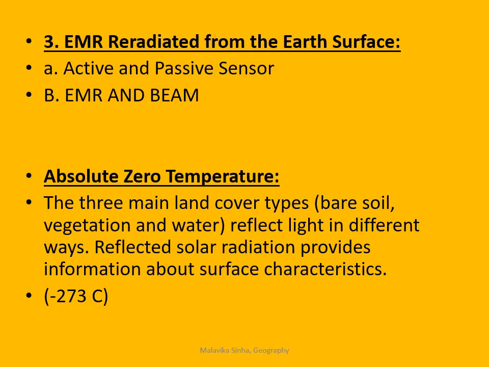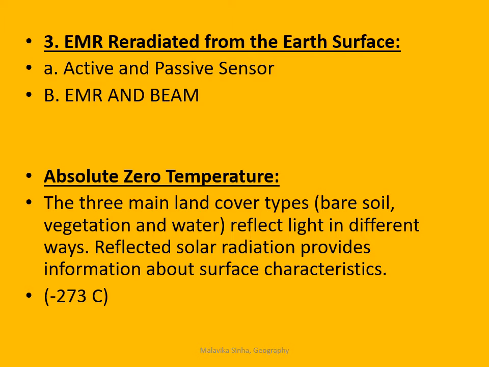We can take an X-ray machine as an example of an active sensor. An X-ray machine sends a signal to the body, and that signal is re-radiated back to the machine, just like that. So through the active or passive sensor, the reflected EMR is recorded by the artificial satellite.